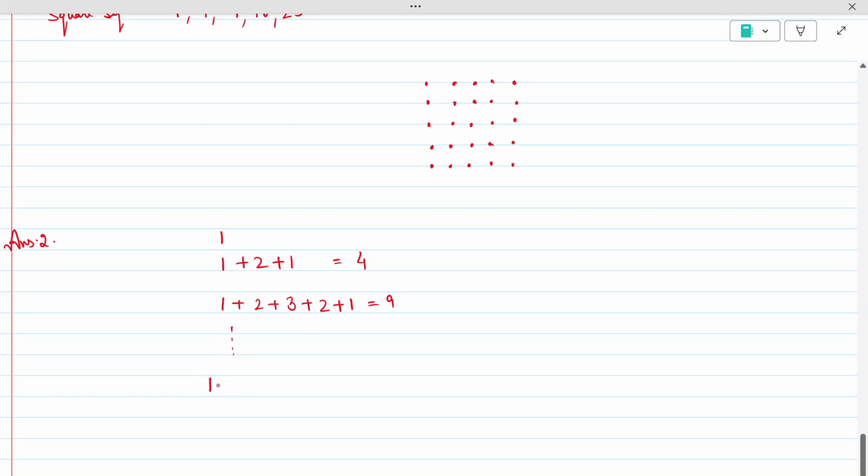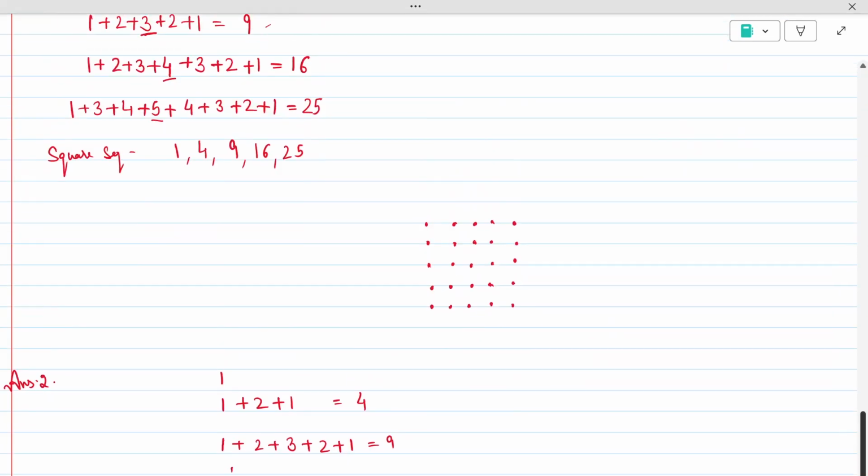When it extends from 1 plus 2 plus 3 up to 100, and then again it goes down up to 1, what will I get here? I will get the middle number squared, which will be 100 square. On solving, this will give me 10,000 as the result. Okay, so you're getting what I'm trying to say here.